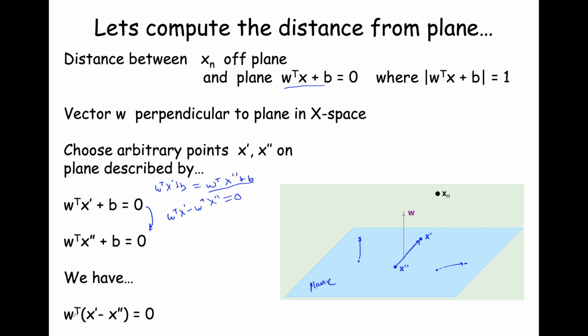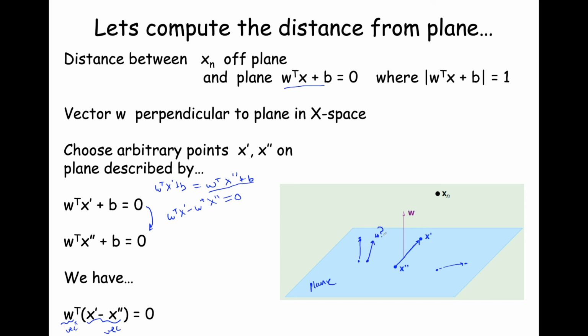Now, when we take the transpose of W, this is a vector transpose, and this is a vector. So what we're doing here is we're taking this vector that connects x double prime to x prime, and we are taking the inner product between that and our weight vector. So again, we don't know at this juncture what our weight vector is. I'll put a question mark there.